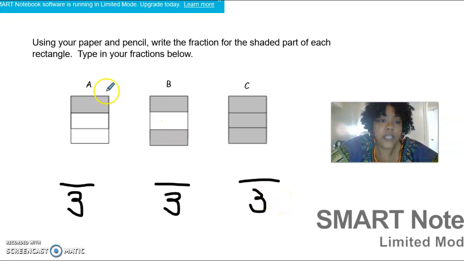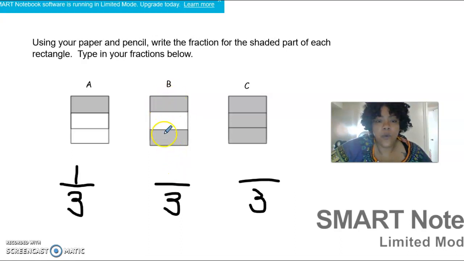Now, if I'm looking at just rectangle A, I see that I only have 1 part shaded in. So the fraction for that part is 1/3. So I would read this as rectangle A has 1/3 of the whole shaded in. Now let's look at rectangle B. You should notice a pattern here.